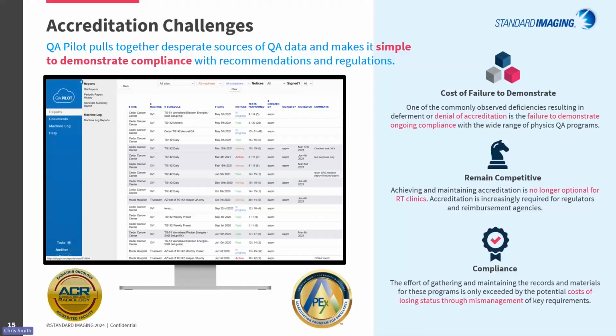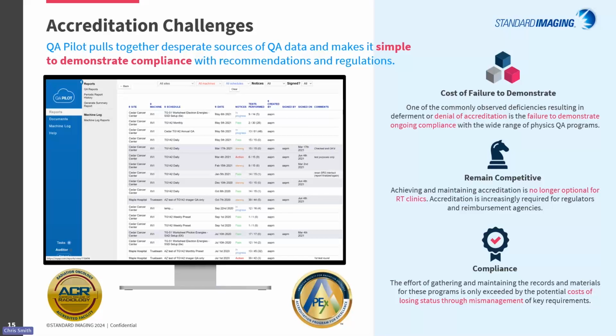Also, accreditation challenges. So we consider the QA pilot product the ability to demonstrate compliance. So if you need to ever go through a compliance review, with your own internal teams or any external teams, the data that we keep for you and manage for you here in our platform helps support your ability to accredit. And the single biggest killer of an accreditation process is failure to demonstrate.